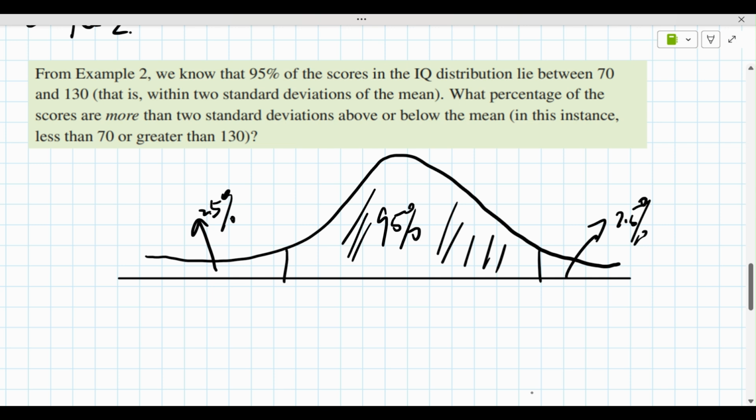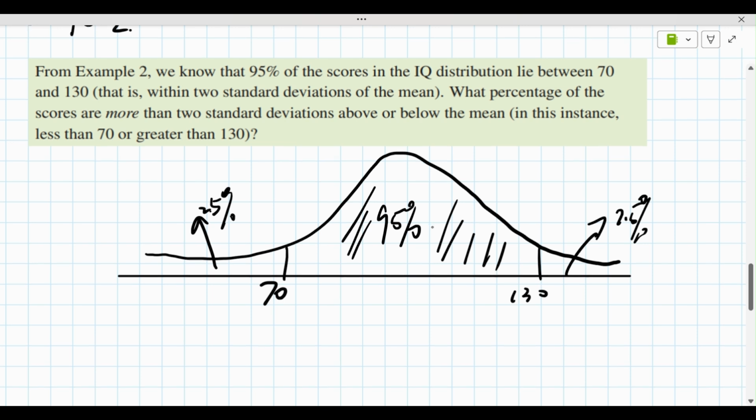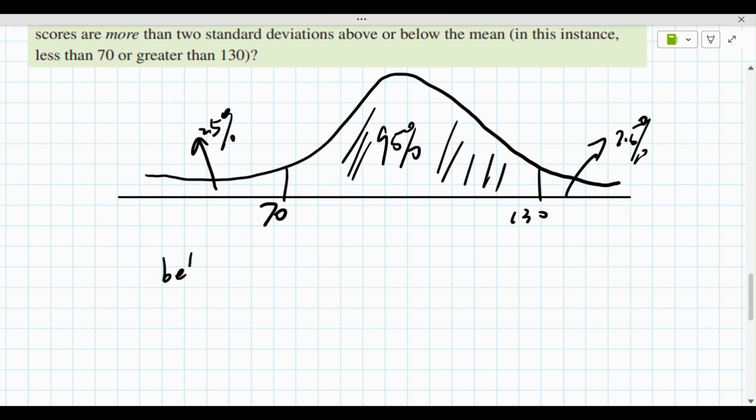Below 70 and above 130 is 2.5% of the area each, and a score greater than 130 on the test will be in the top 2.5% of the group.